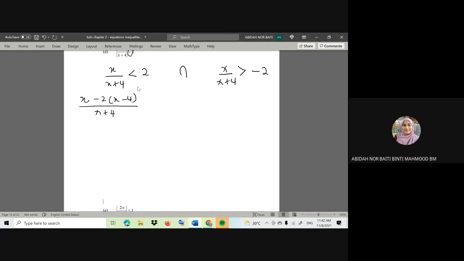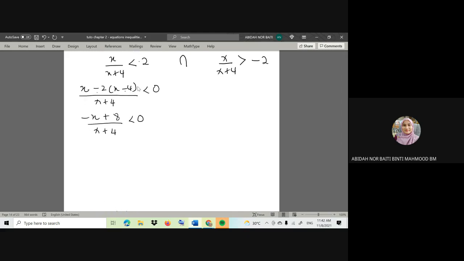So dia adalah subtraction of fraction ya. So we equalize denominator. So 0 here. Then x minus 2x is minus x. Negative is positive 8 over x plus 4, less than 0. So this is rational inequalities, single fraction form.